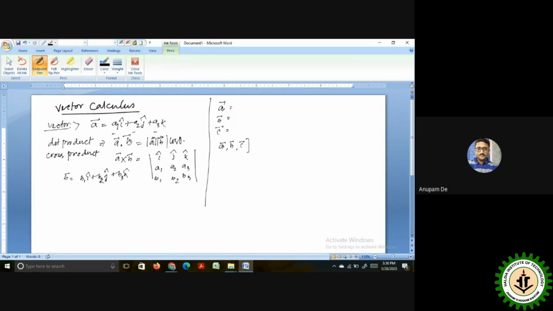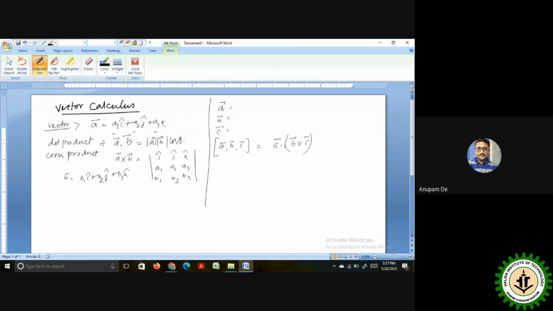It has the meaning a dot b cross c. Am I correct? So I should not write that third bracket. It is a dot b cross c, right?